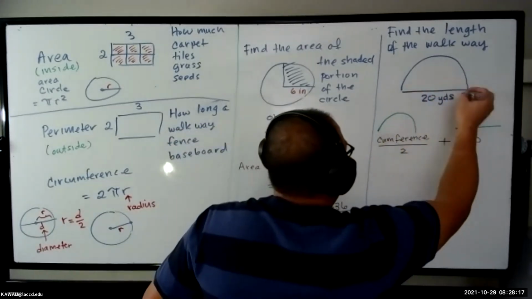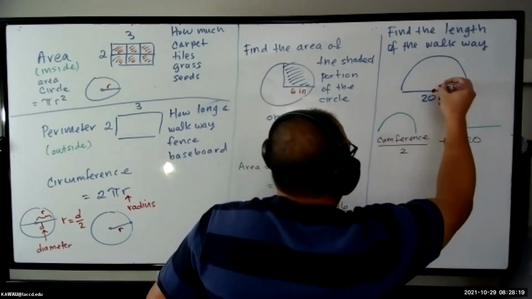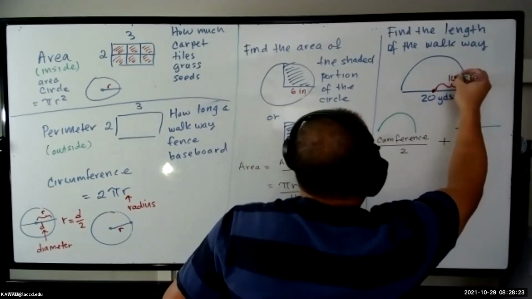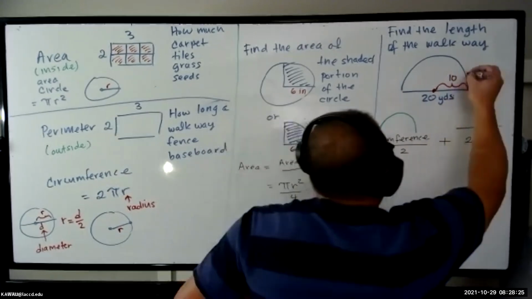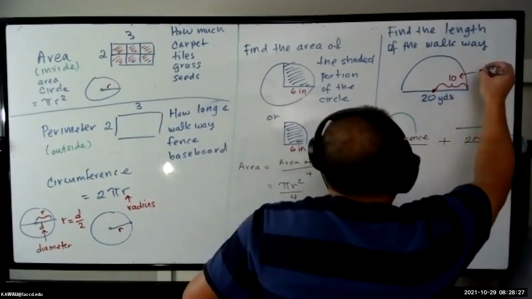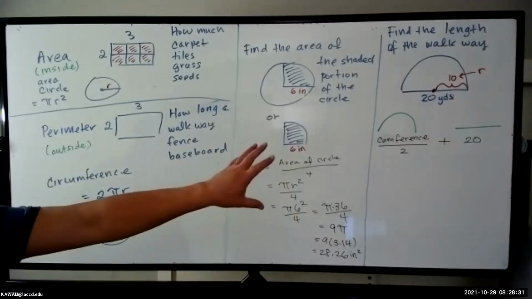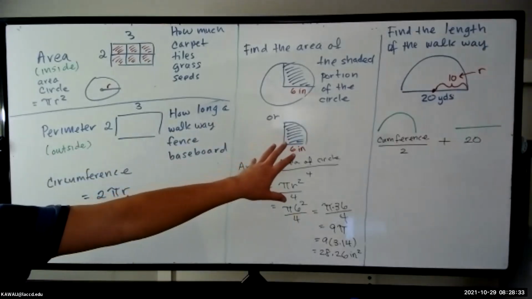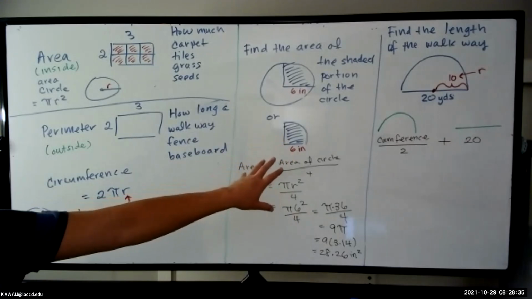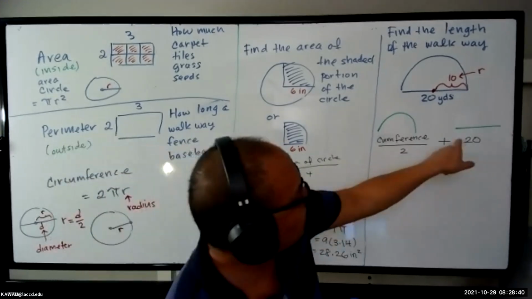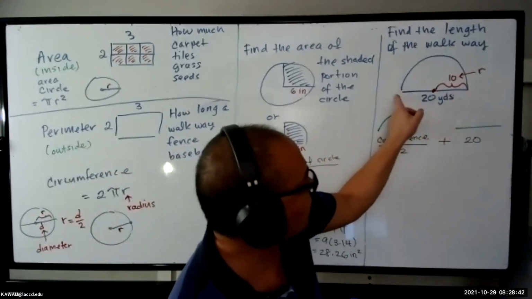So over here, they gave us that's 20 yards, but really, when we do the computation, it's just supposed to be 10, because this right here is my R. Okay, so they had given us the diameter in that case, and what we want to do is cut it in half. Okay, so figure out what this is, and then add the 20, that is this part right here.